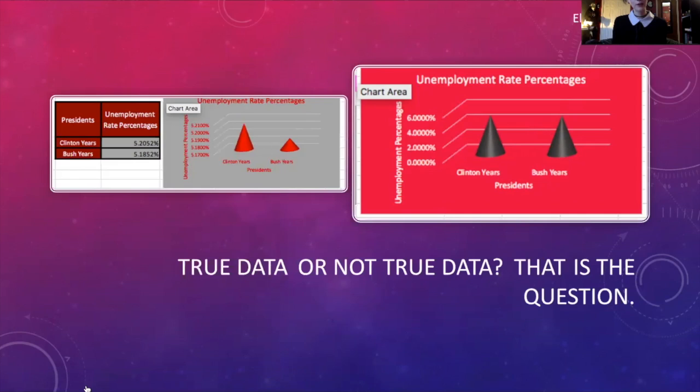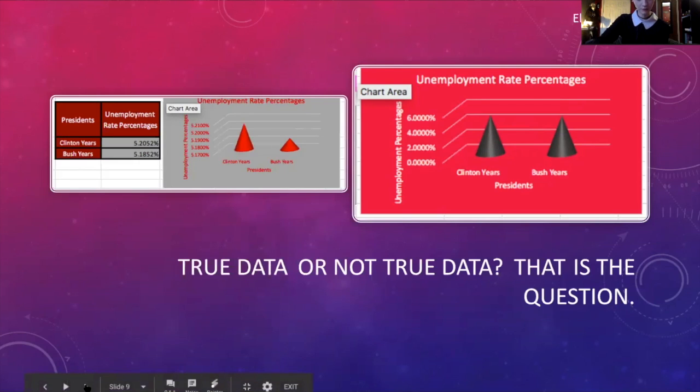So if we start all our graphs at 0, we can actually get true data, which is something I didn't think about until we had to do this assignment. I don't know about you guys, but it makes me kind of curious as to what else that I've seen, i.e. news or in documentaries, is misleading.